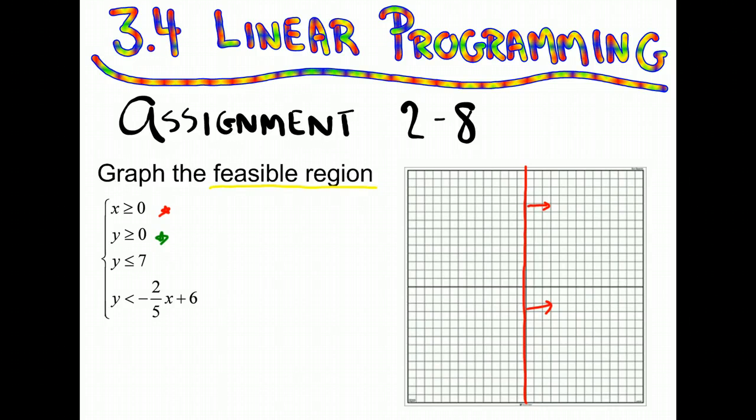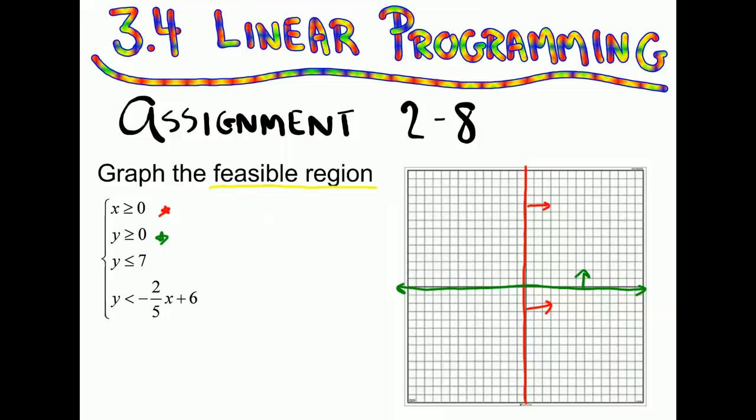We usually end up using these constraints because oftentimes when we're applying math, we're talking about actual numbers of something, and a lot of times we don't use negatives. So we're talking about ordered pairs, x and y values here that are in the first quadrant, the upper right only.